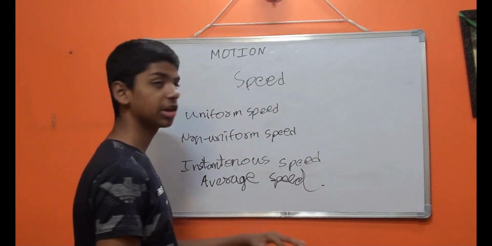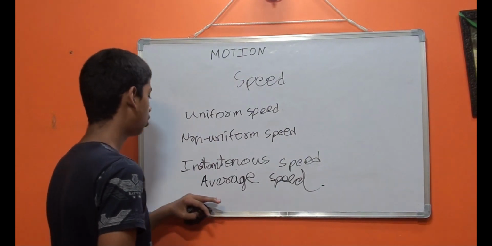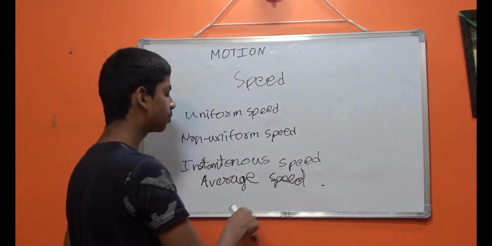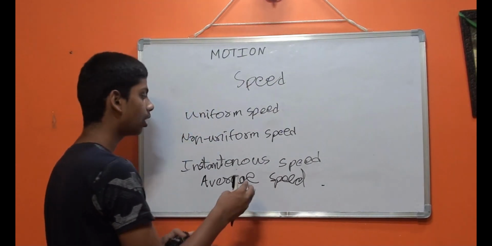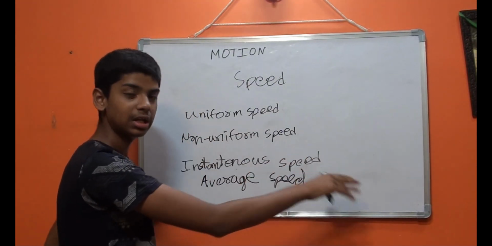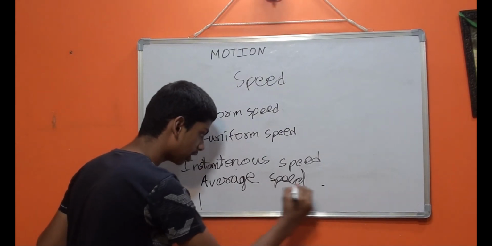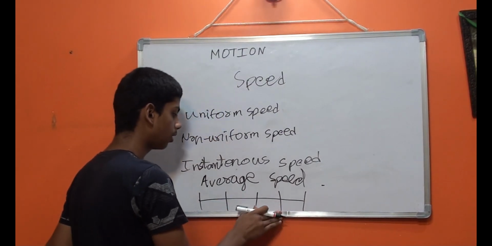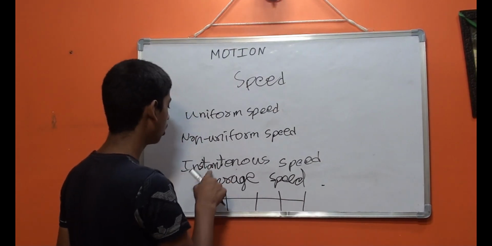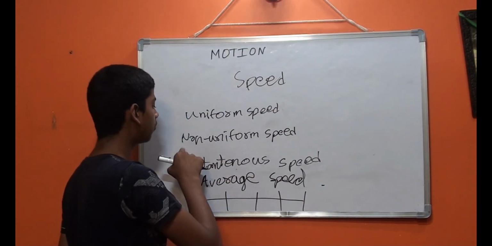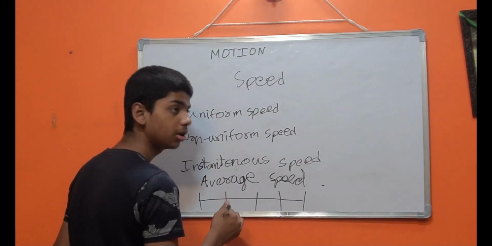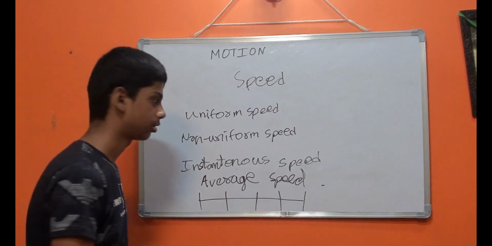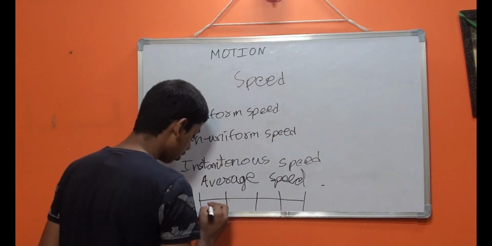Friends, now let's see about average speed. What is average speed? Average speed is the average of the total distance covered. Here this is non-uniform motion. We mostly use average speed for non-uniform motion.